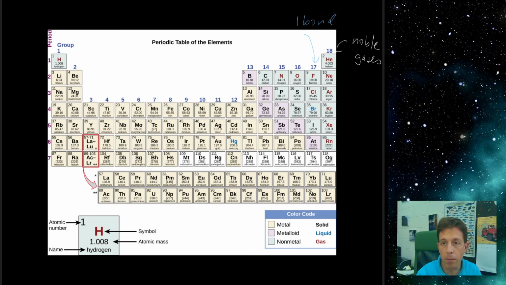Oxygen will form 2 bonds, or a double bond. Nitrogen will form 3, carbon 4.